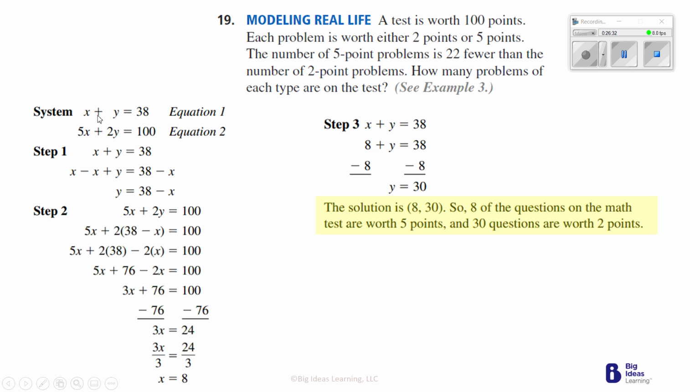So they're saying that everything is going to equal 38 because the 5-point problems are 22 fewer, and so that's going to be 22 times 2, which is 44. 44 minus 5 should be 38. Let me look at this again.